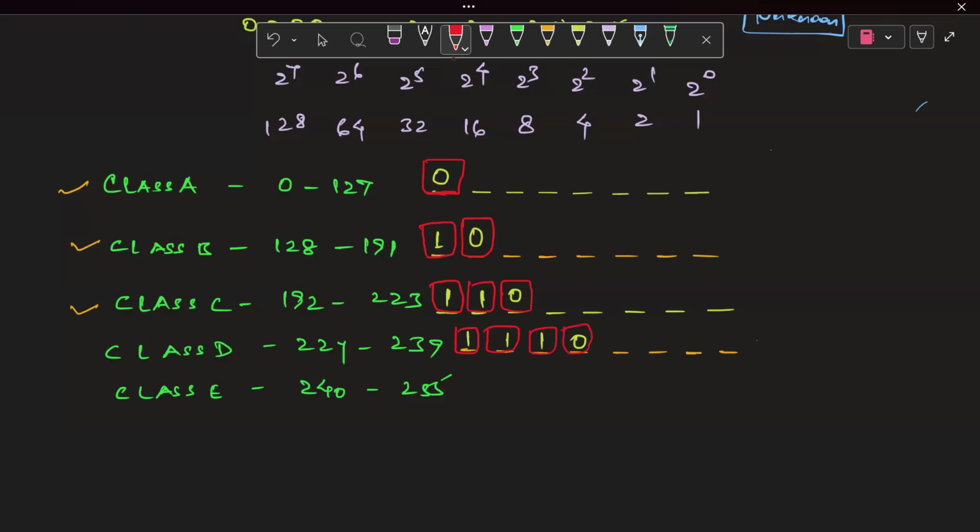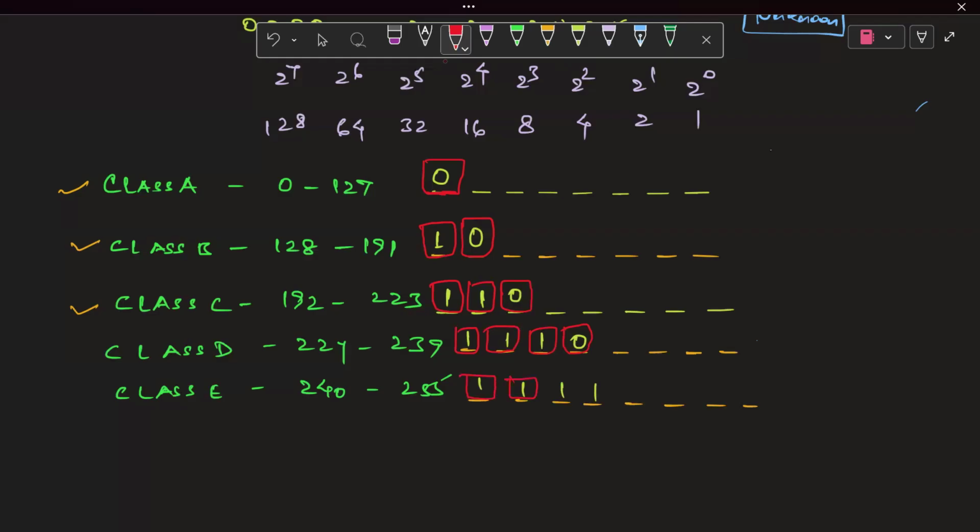Right? And what is the last one? So again, you put 1, 2, 3, 4, 5, 6, 7, and 8. And the total 240 it is. So we have to make it all one here. 1, 2, 3, and 4. 240. And what is the 255 last? So we can make it all one also. That is fine. But I have to be in this class E only.